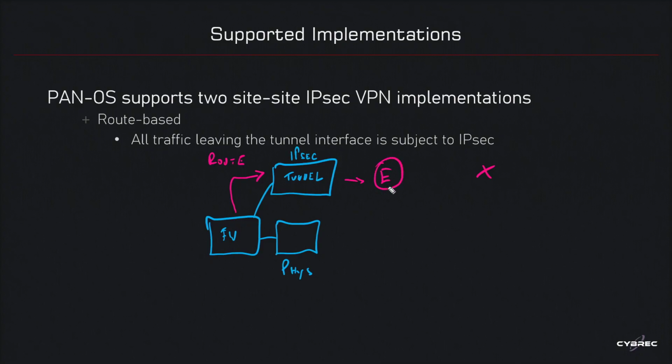So the logic is that whatever leaves the tunnel is going to get encrypted, versus everything else you will route using the regular physical interface. This traffic is going to leave that port in clear text. So this is how we distinguish between the traffic that is to be IPsec protected versus everything else.